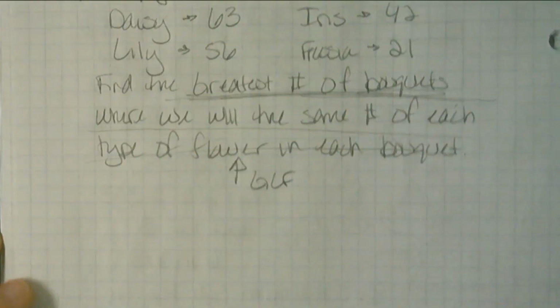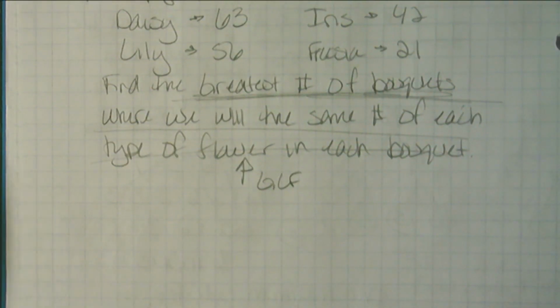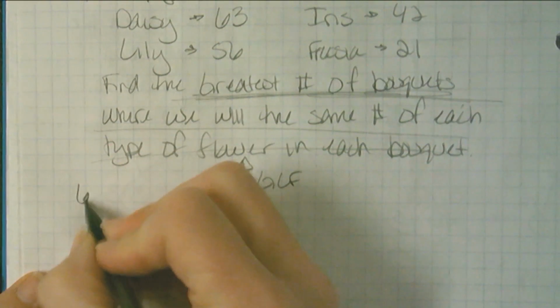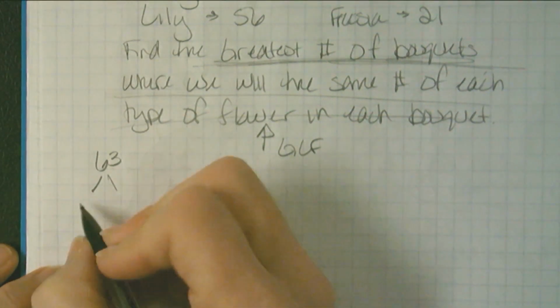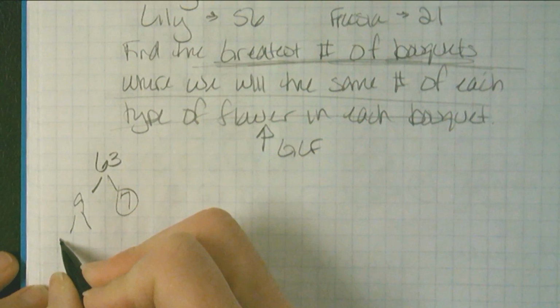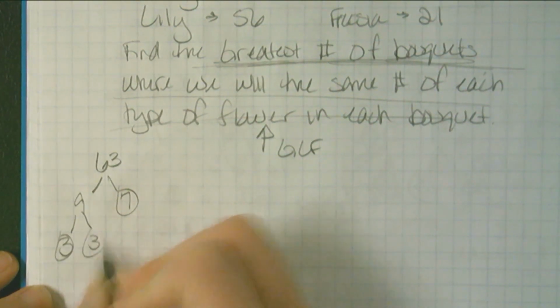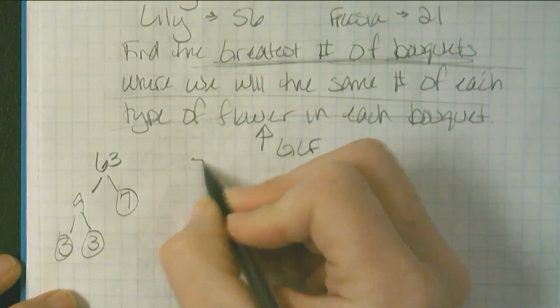All right, so we need to do the prime factorization of all of them and find the GCF of all of them. I know you did this in your homework, but we're repracticing it again, and then we're going to do another one that's new. All right, so somebody do the prime factorization of 63 for me. Matthew? Excellent. Somebody do my lilies of 56.